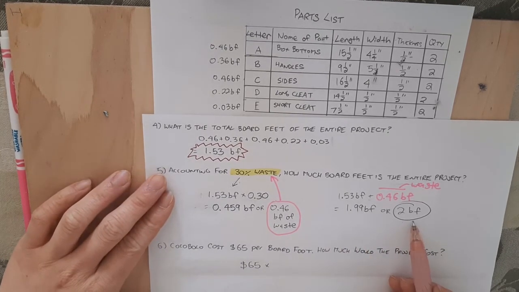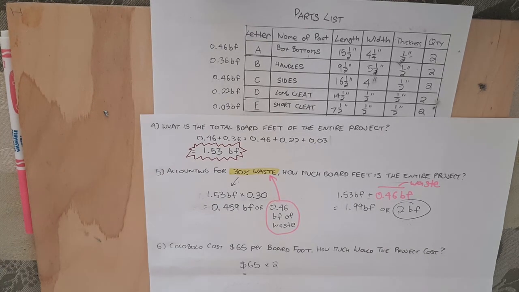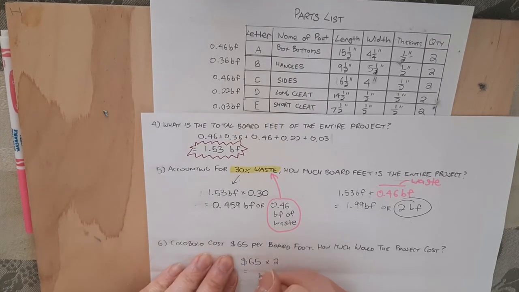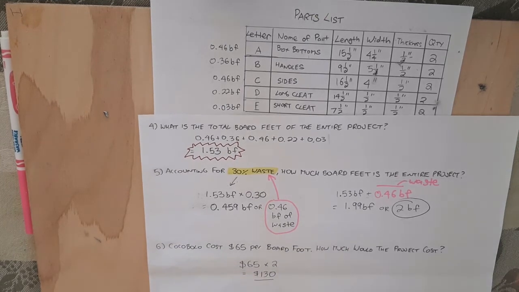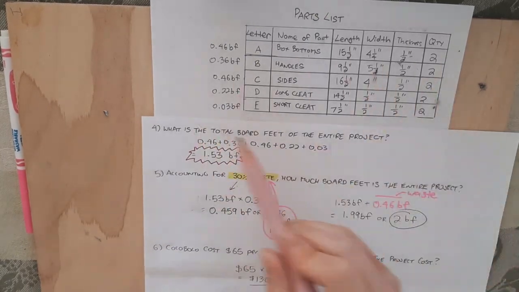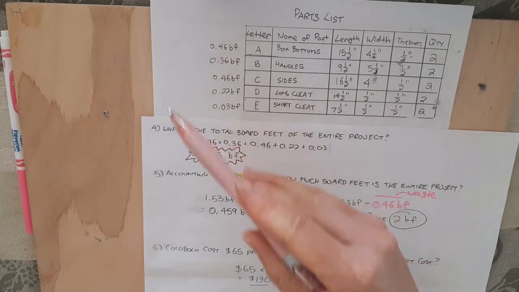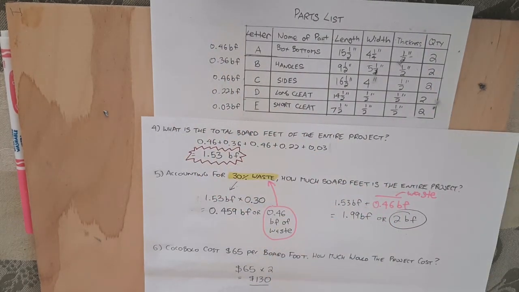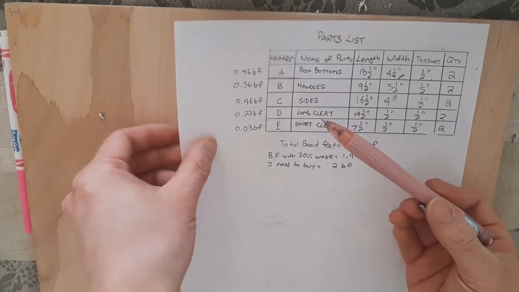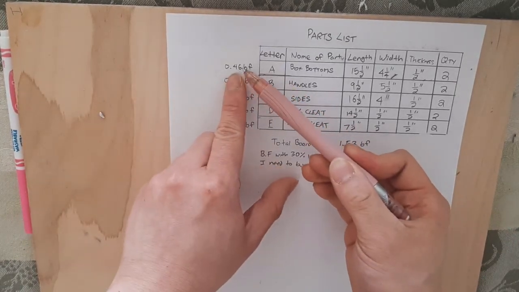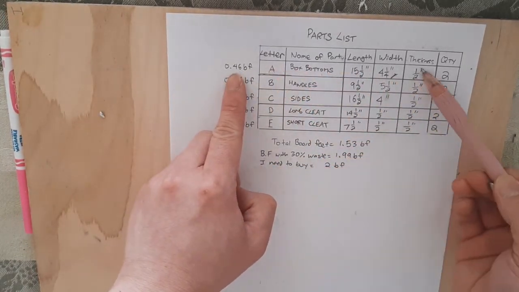So that's this one, 2 board feet. And 65 times 2 is $130. So to make this entire project out of Cocobolo, it would cost $130.